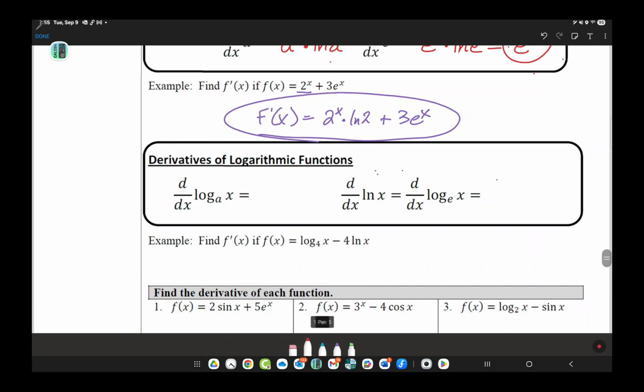Now, derivatives of log functions are very similar to exponential functions. They're always going to be the same thing times a natural log of the base. But it's a little bit different. Derivative of log base a of x is 1 over x times 1 over the natural log of a.